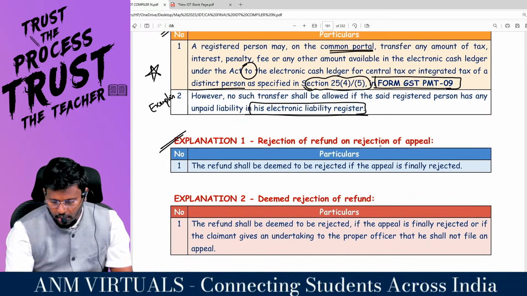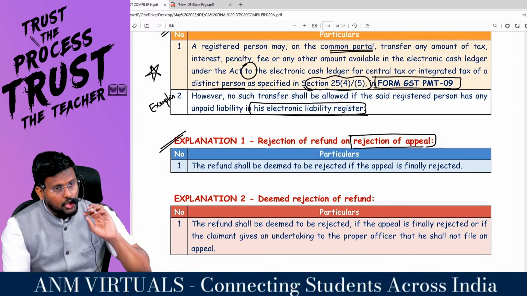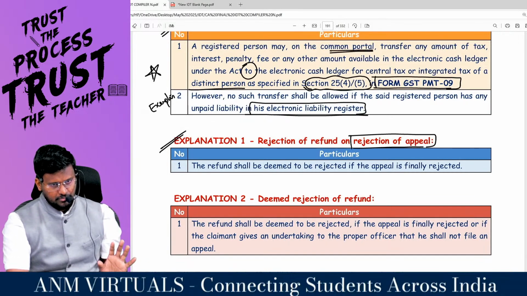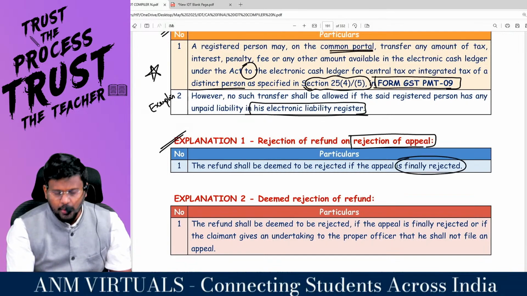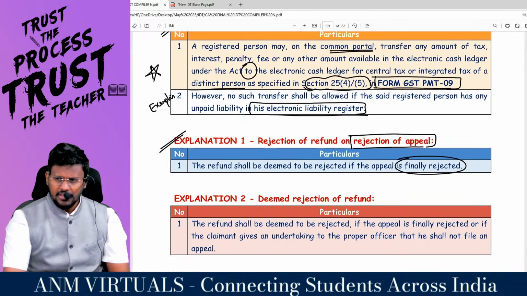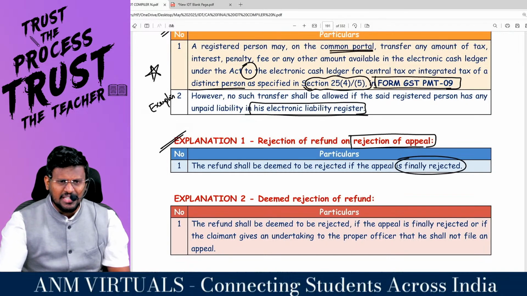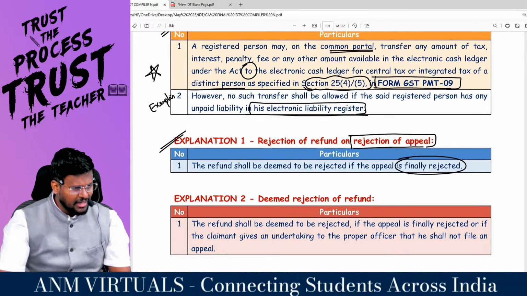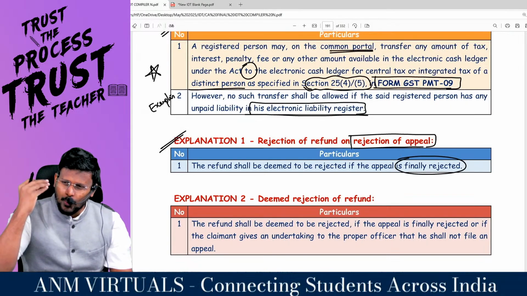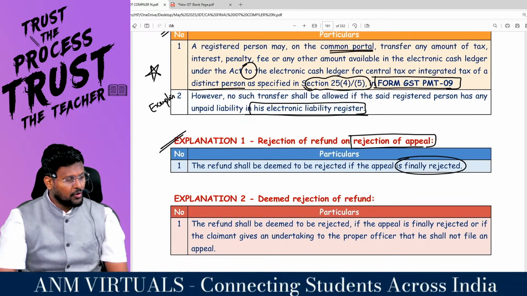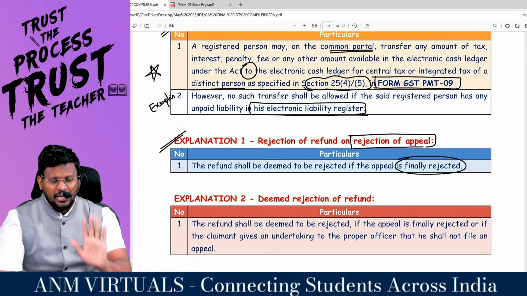Rejection of refund on rejection of appeal. The refund shall be deemed to be rejected if the appeal is finally rejected. Sir, appeals and revision we will be discussing only in the final topic. Sometimes when you go for an appeal, that appeal will be rejected. For example, sir, you got a refund order.